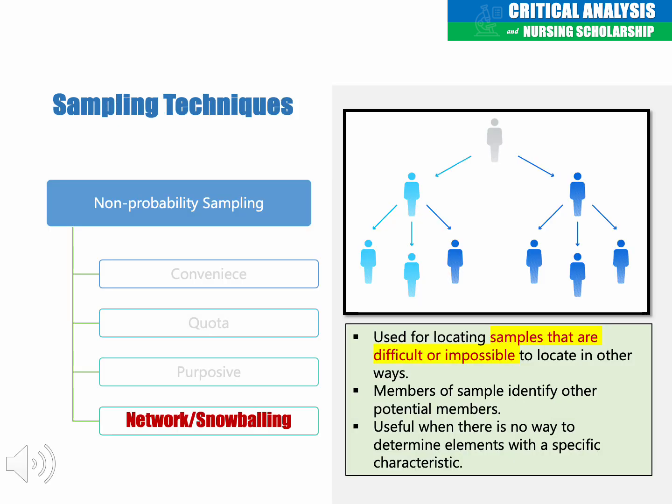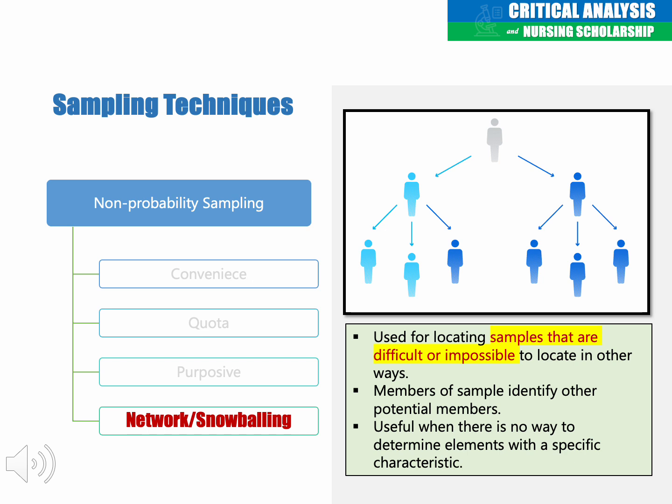The next type of sampling technique under non-probability sampling is called network or snowballing. This method is helpful when you're studying hard-to-reach or hidden populations or samples that are difficult or impossible to locate. For example, nurses with rare specialties, or patients with stigmatized conditions.